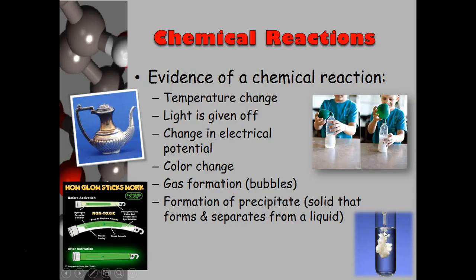One you can try at home: if you take some milk and some lemon juice and mix it together and let it sit, you'll get this clumping of fat particles and protein particles out of the milk itself. That's a precipitate, and that's because you've got a chemical reaction that's going on.